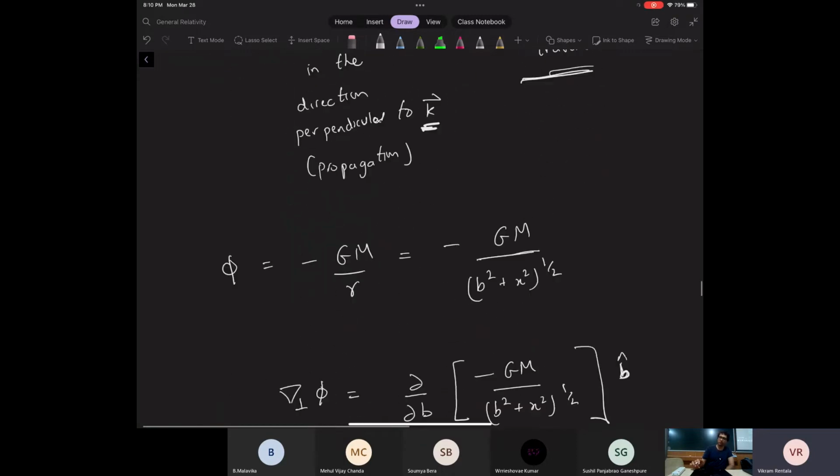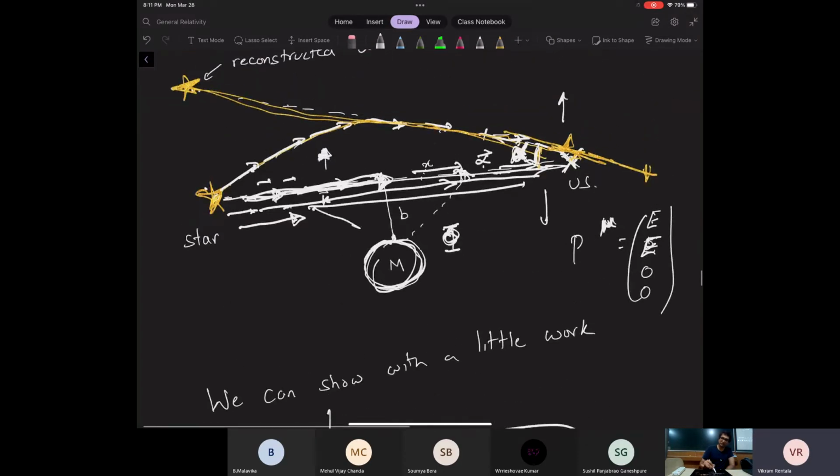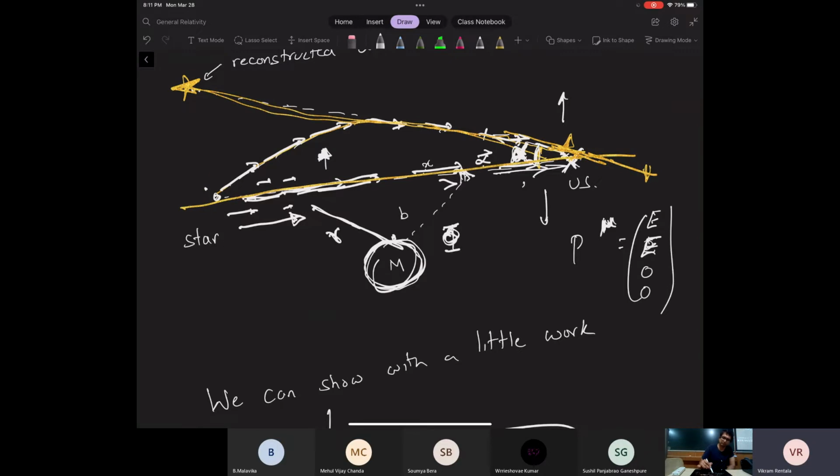So now what you can do is work it out again for the specific case of the gravitational potential minus GM by r. If the light beam is over here at some r, I'll denote its coordinate as follows.